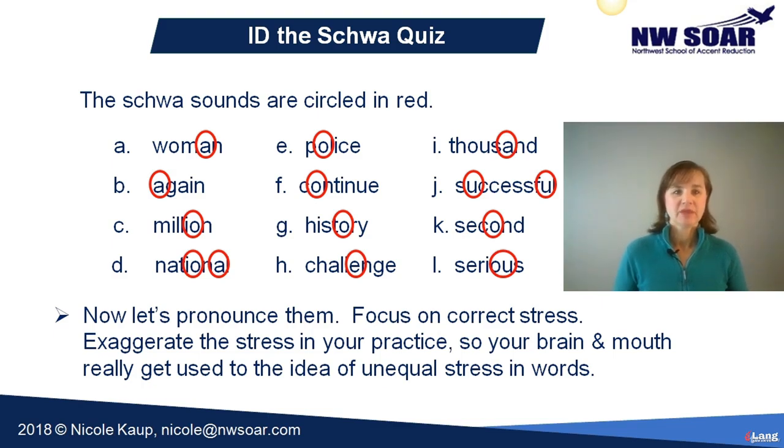A, woman. B, again. C, million. D, national. E, police.